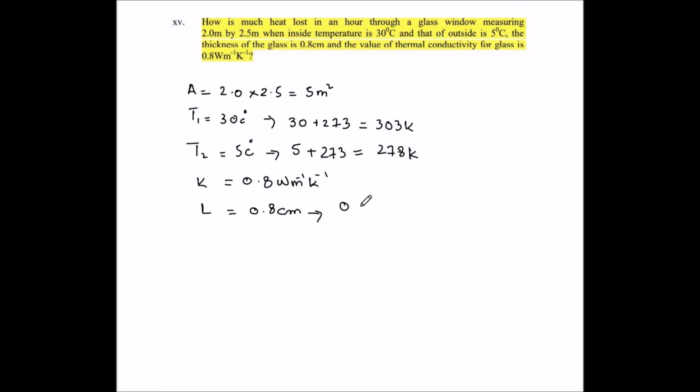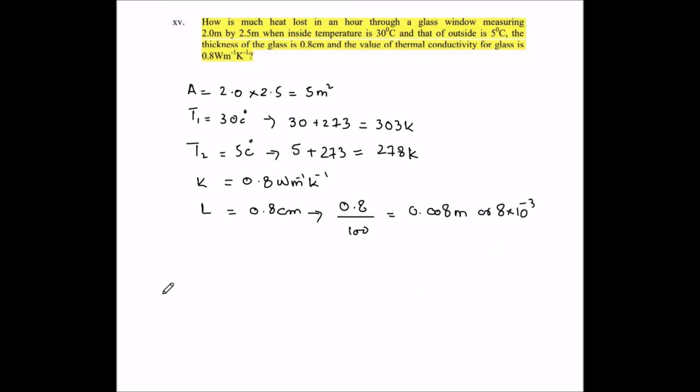It's very simple, the given number divided by 100. This is the conversion rule when you convert centimeter to meter: given number divided by 100. When you divide this number, you get 0.008 meter, or in the power of 10, you can write 8 times 10^-3.